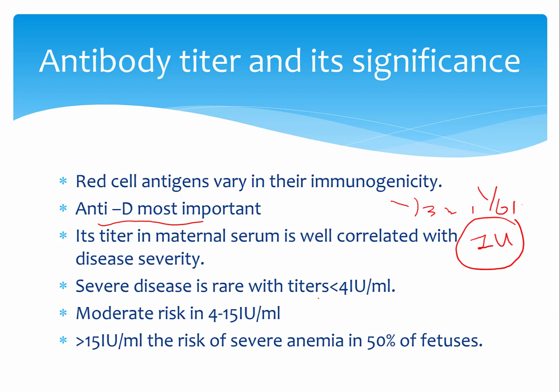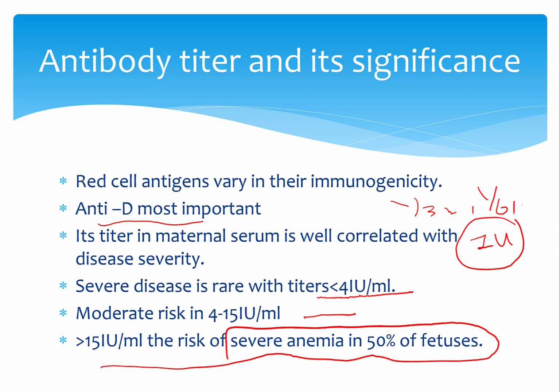Severe disease is rare at titers less than 4 international units. Moderate risk, or damage to the fetus, is possible at 4 to 15 units per ml. Above 15, severe anemia in the fetus occurs in 50% of cases, so it is quite common at higher levels.